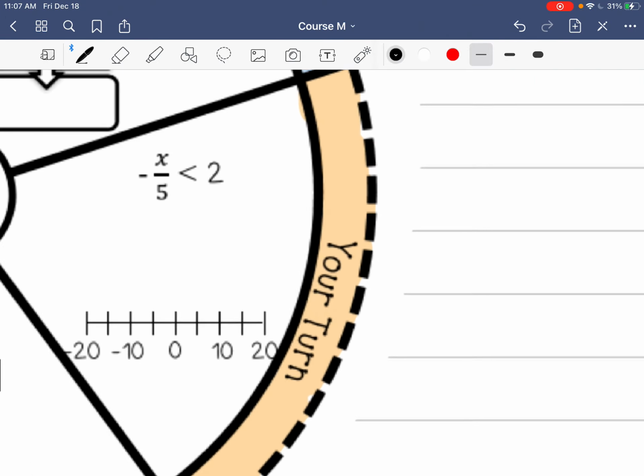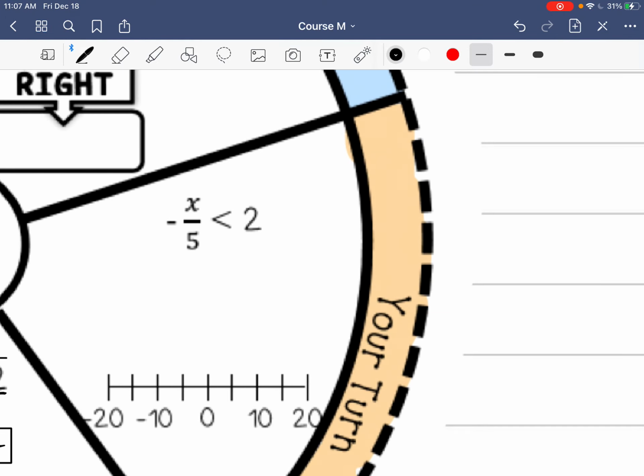Your turn. Again, I really like to see that ghost 1. It's up to you. Power T. Variable, constant. And this time I'm multiplying by a negative 5 over 1.